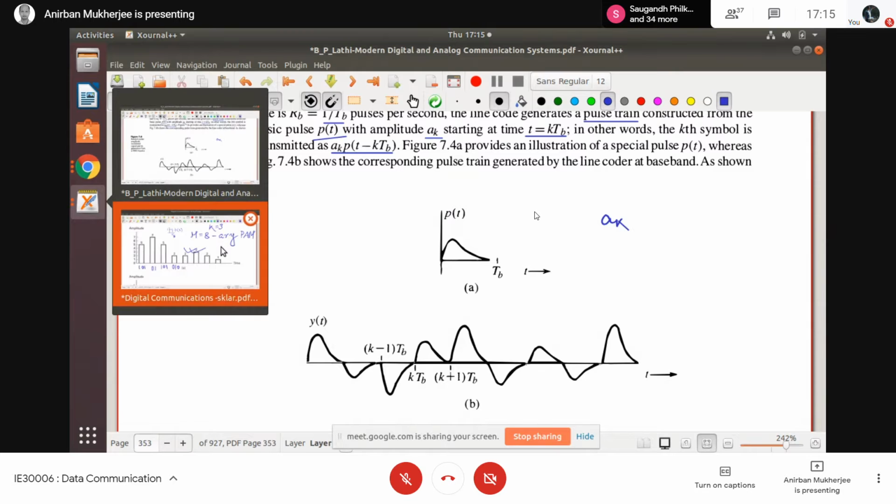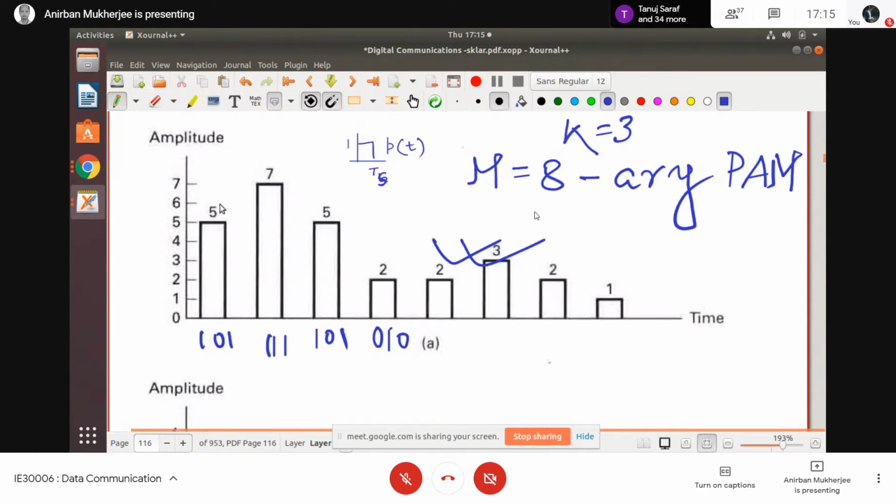In the previous case, A_0 was 5, A_1 was 7, A_2 was 5, A_3 was 2, A_4 was 2, A_5 is 3, A_6 is 2, A_7 is 1, something. Now I can choose the amplitude like that. Some may be negative, some may be positive also. So some A_k's will be negative, some A_k's may be positive. I can choose the code in such a way. Say my codes are minus 4, 2, plus 3, something like that. So I can represent the code in that way.